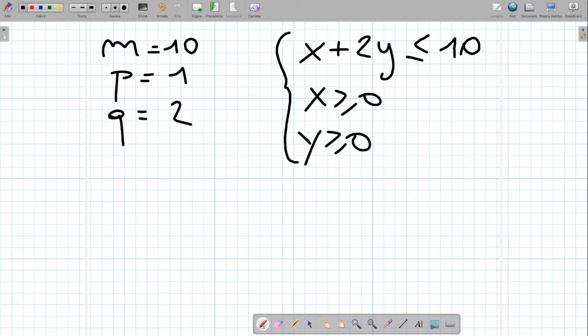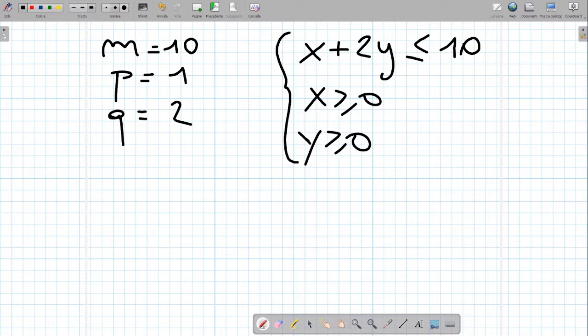Maybe for the second and the third, the inequalities are quite easy to understand. The first one is actually a straight line, so we can just put it in the explicit form by isolating y, and then draw the line.